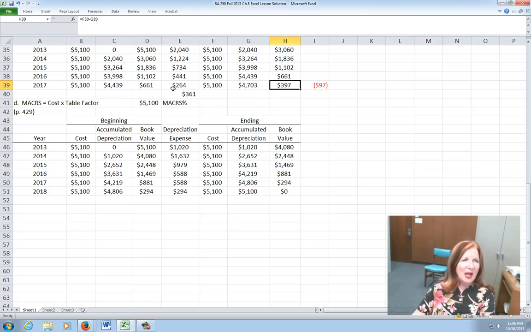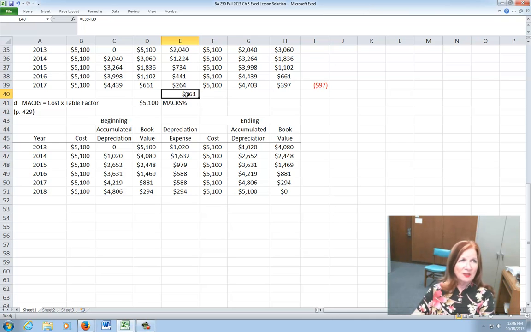And then I realize that this depreciation expense has to go up. It's got to be more. In fact, it's got to be this depreciation expense plus that $97.